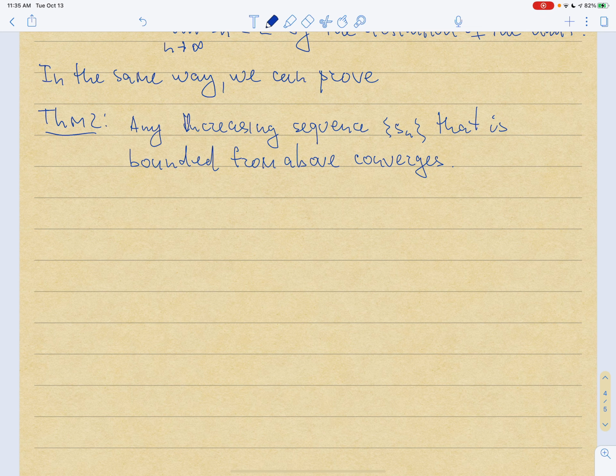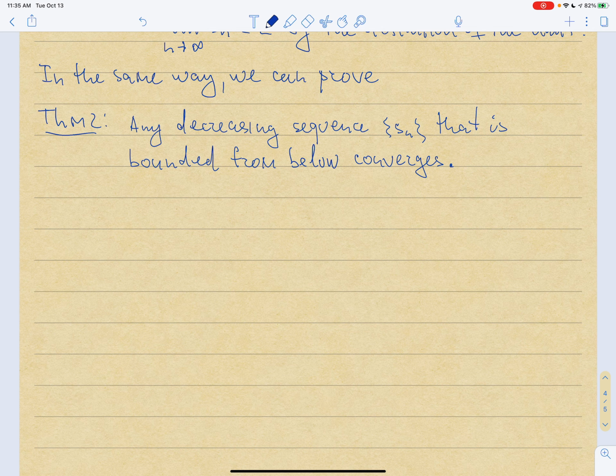So any decreasing sequence Sn that is bounded from below also converges.